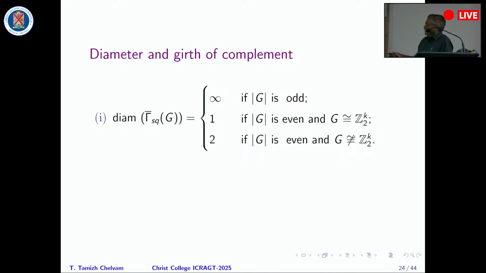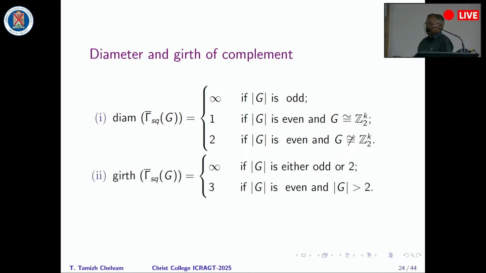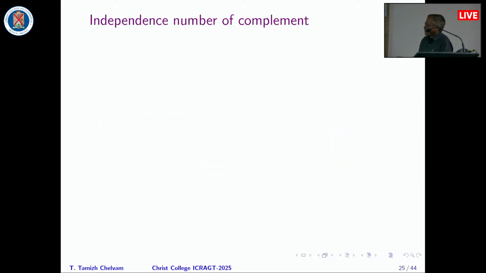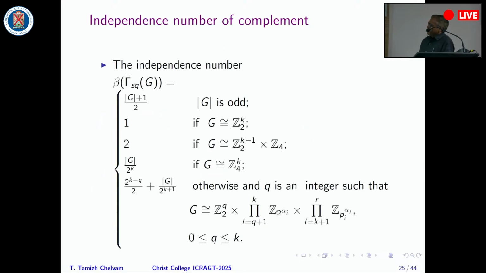Please note that either it is complete or the diameter is 2, the girth is either infinity or 3. The independence number depends upon, please see the right-hand side cases, the direct product and the group structure. As I said, there is a fundamental theorem which gives you the entire direct product decomposition of any finite abelian group, and depending upon the components of the direct product, this independence number varies.